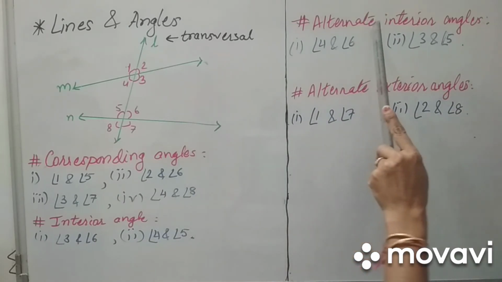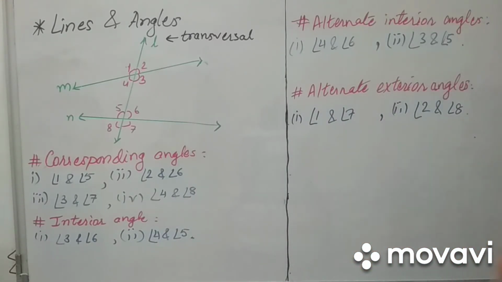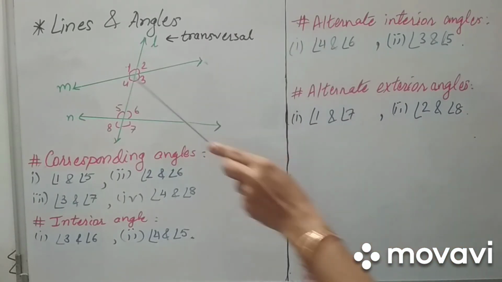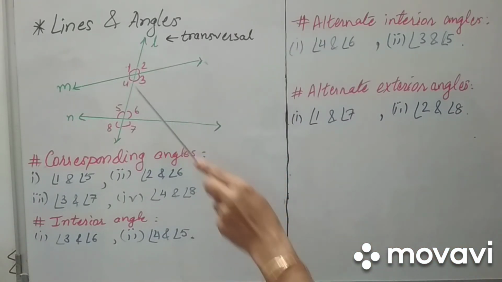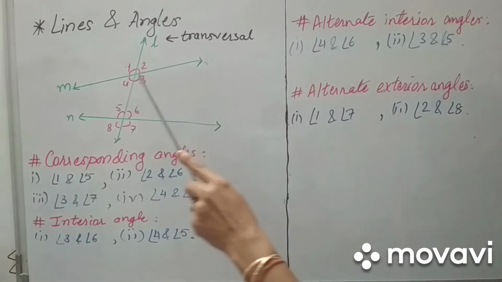Alternate and interior together make alternate interior angles, which is also spoken as interior alternate angles. So they are the same. For the alternate angles, it is on either side of the transversal. One is on the left side, then another will be on the right side, and it forms an X sort of a thing.